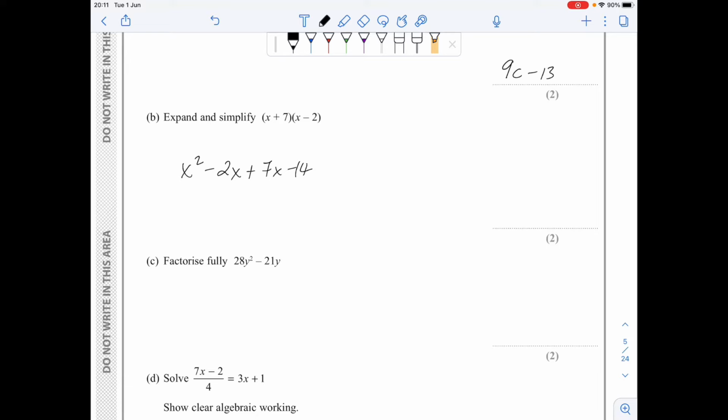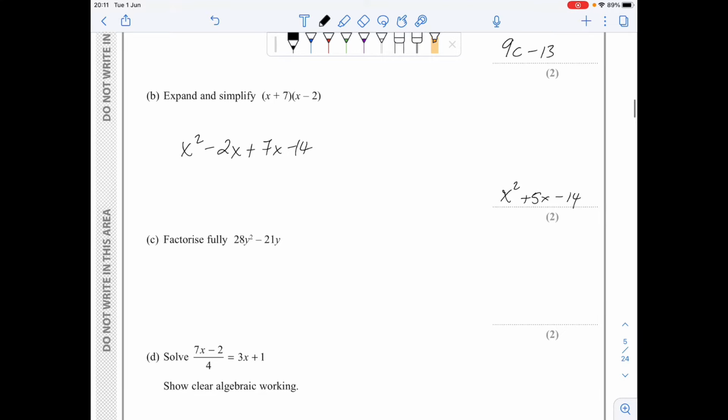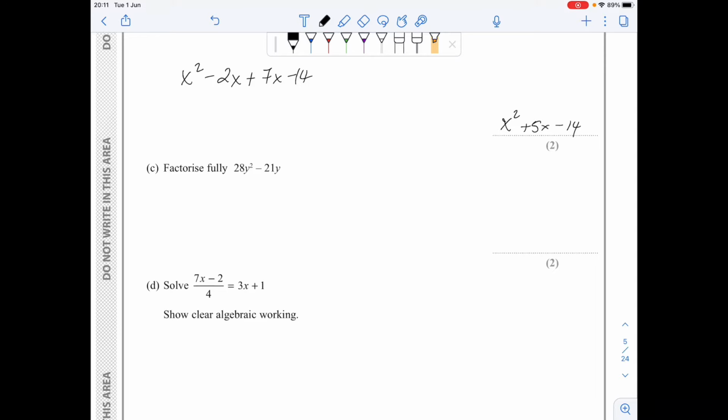Collecting like terms will give me x squared plus 5x minus 14. Part C, common factor of 7y times (4y minus 3).